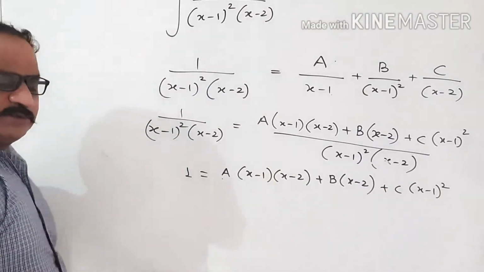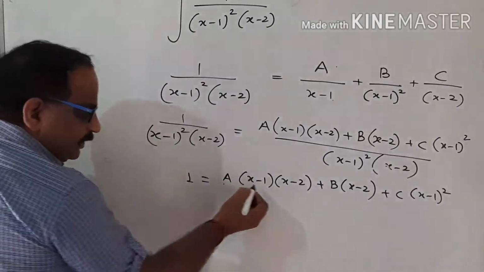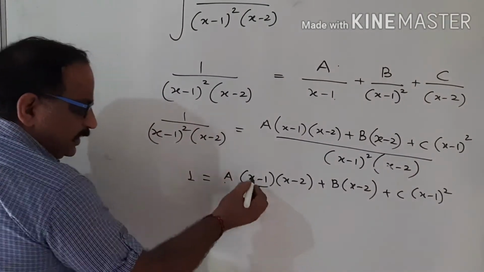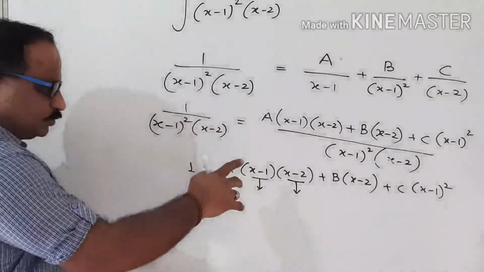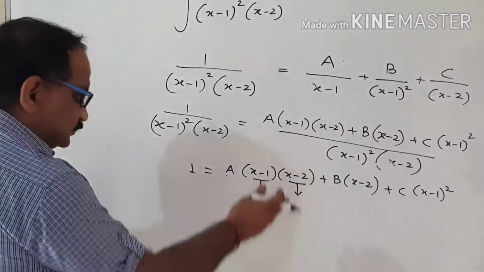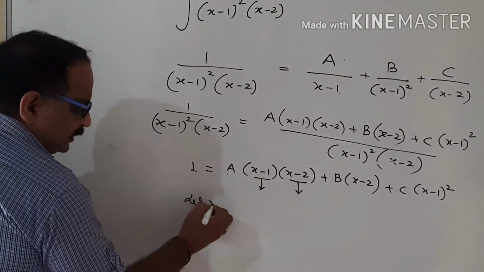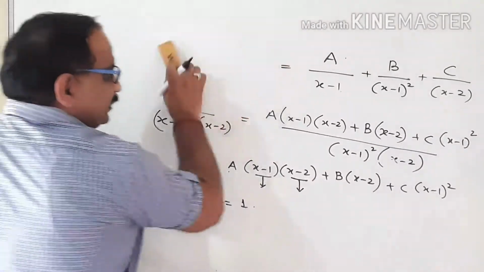These are three variables, so we are supposed to put in three values. Out of them, if we place 0 for this factor, then I have x equals 1. By using the other, I have x equals 2. So two values we can substitute, and one more value we have to put here. So let's see. First, let x equal 1. After substituting that, what will happen?